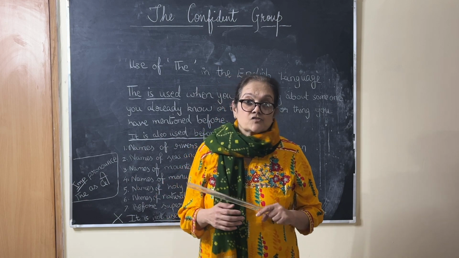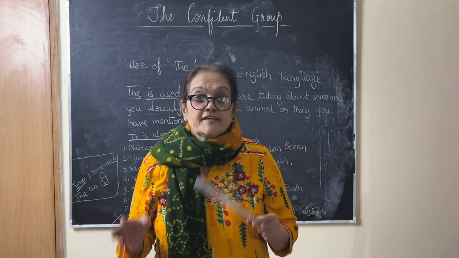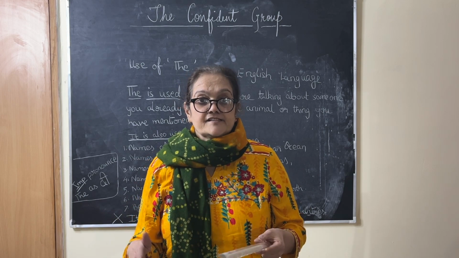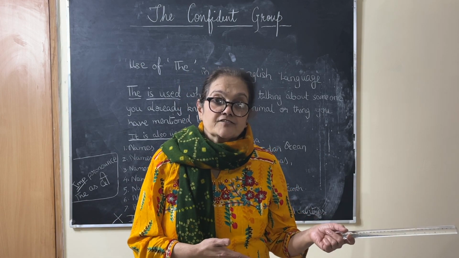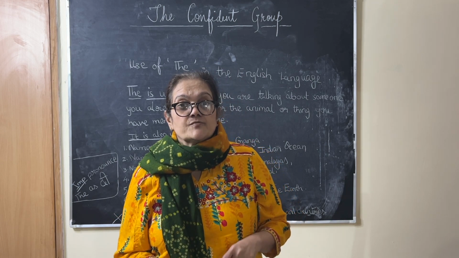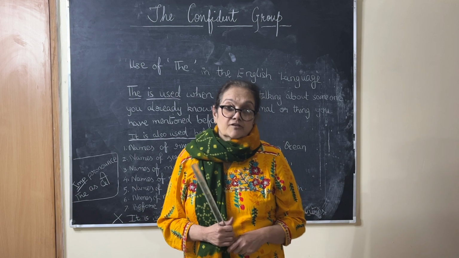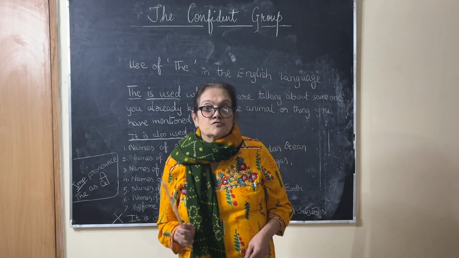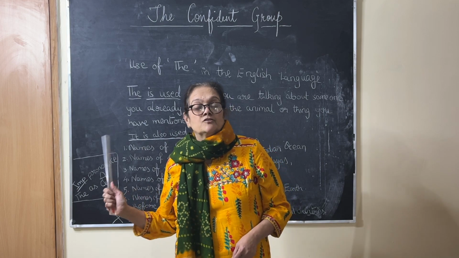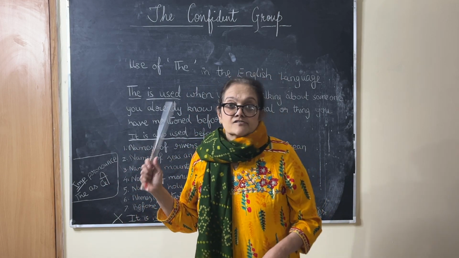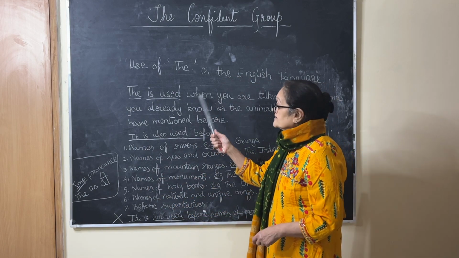Why is it so? Because in the beginning you're saying, I have a friend who's staying right next to my house. Then you're talking about the same friend, so that is why you use "the". After that, whenever you're talking about that particular friend whom you have mentioned in the beginning, you will only use "the". So that is where "the" is used.